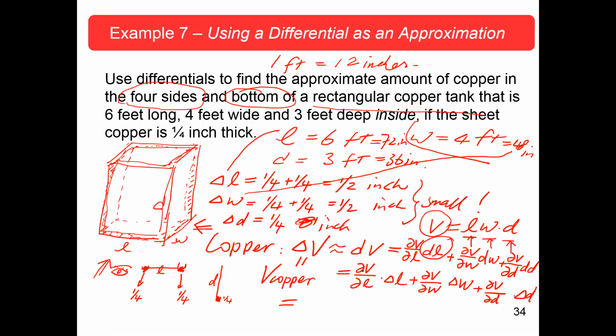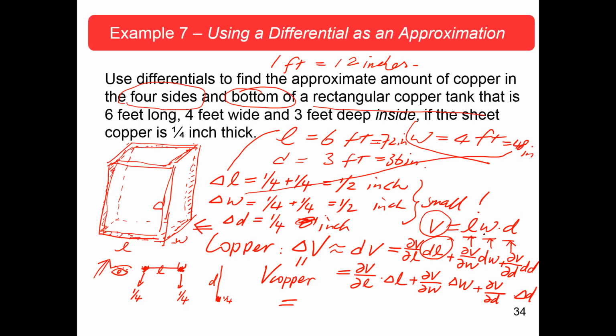Keep going. We have partial V, partial L, the partial derivative of volume with respect to length. What is that? You're treating length as the variable, and W and D are just constant coefficients.